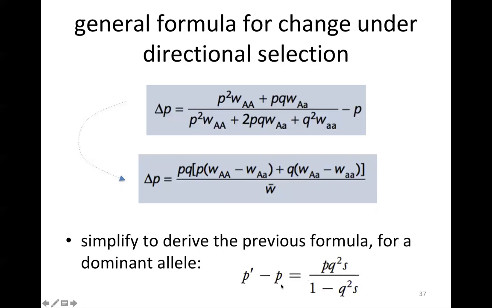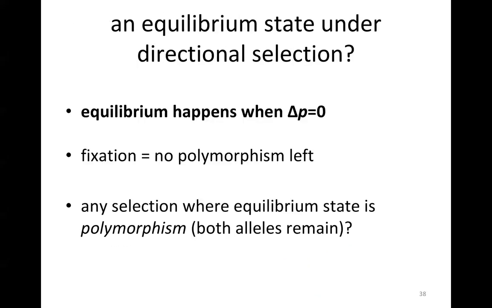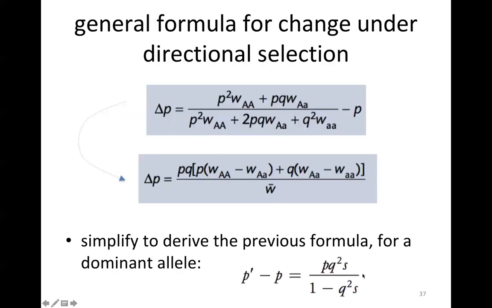So the equilibrium state will be reached when that change is 0. That is, delta P is 0. When will delta P become 0? It could become 0 when S is 0, right? But S, we already assume, is fixed in this case, and a positive number.